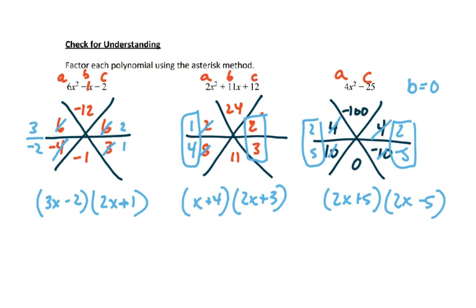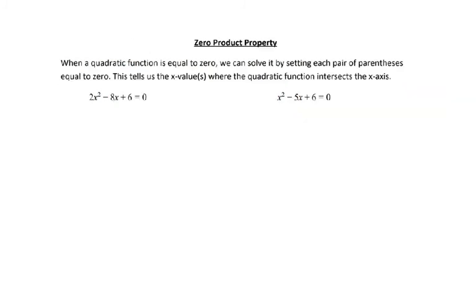Hopefully, if you were checking your work right now, you did okay, or you know what you did wrong. And we do have one more thing to hit. There's one little thing that's tacked on, because there's a point to all of this. There's a reason we do all of this. And that is so that we can solve for the x-intercepts.